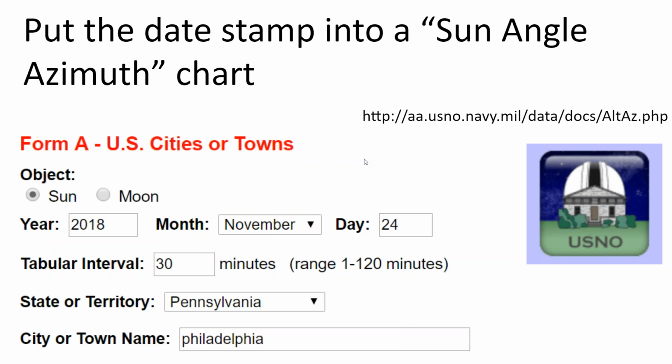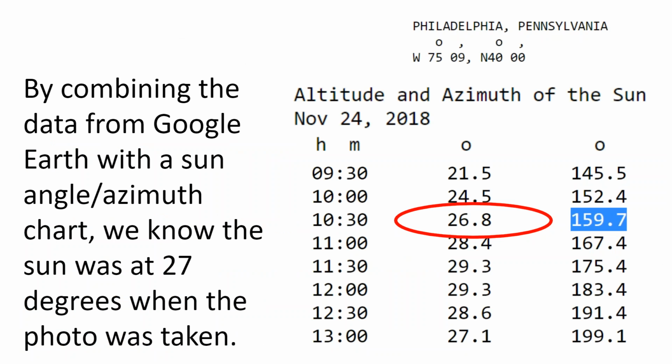I guess it doesn't match up with the example, but I would put in November 24th, 2012 in Philadelphia, Pennsylvania. And remember, the bearing of the shadow was at 160 degrees.